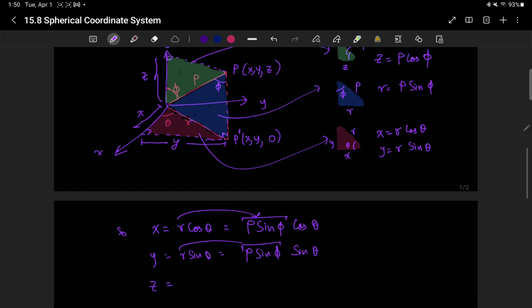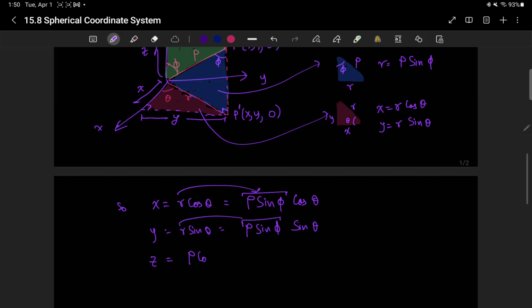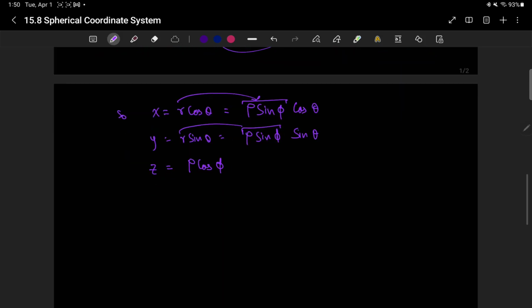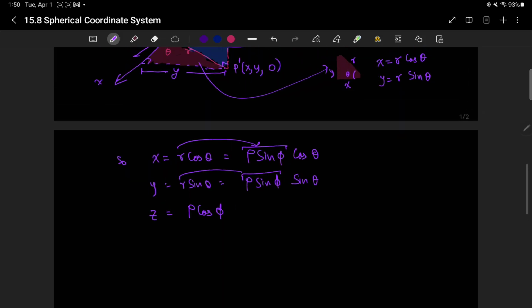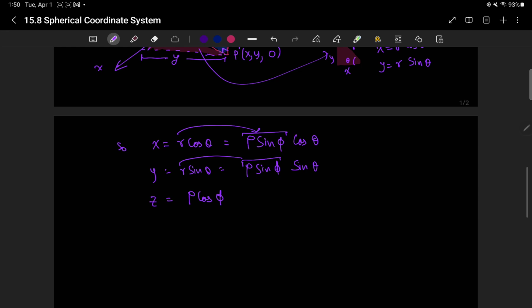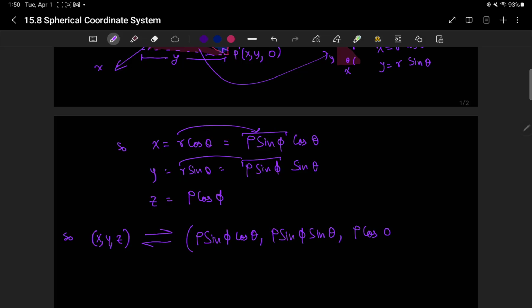And z we just obtained directly is rho cosine phi. So x, y, z in spherical coordinates becomes rho sine phi cosine theta, rho sine phi sine theta, and rho cosine phi.